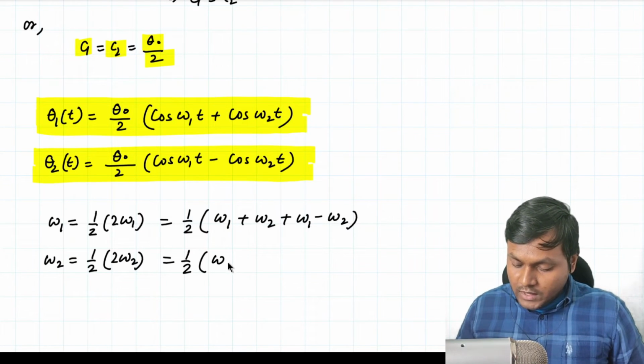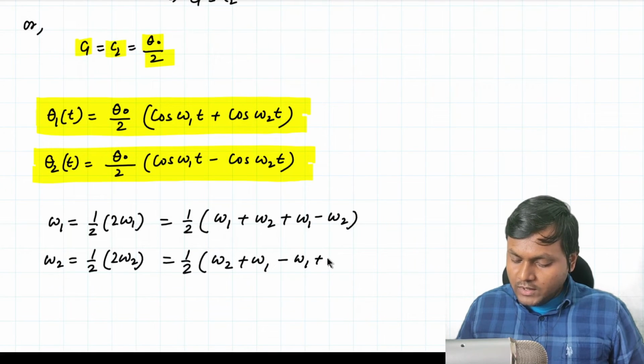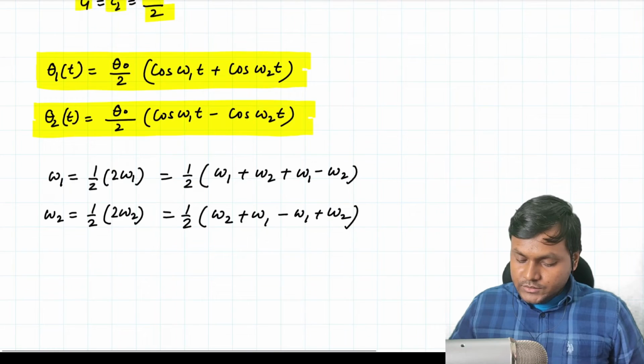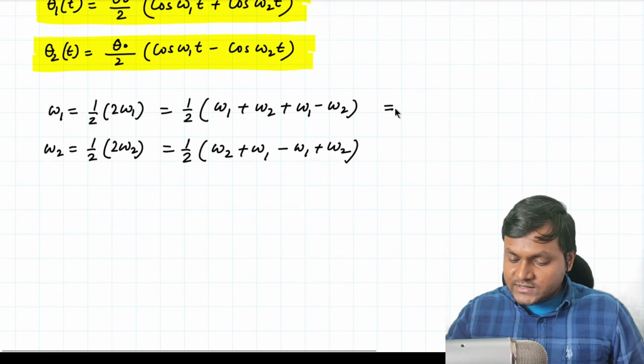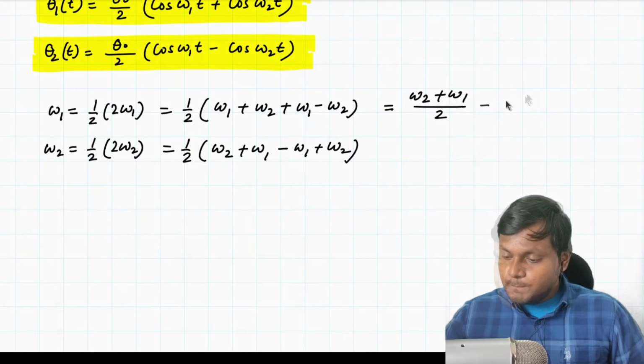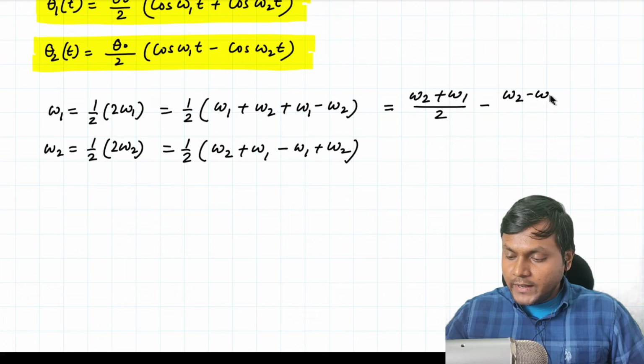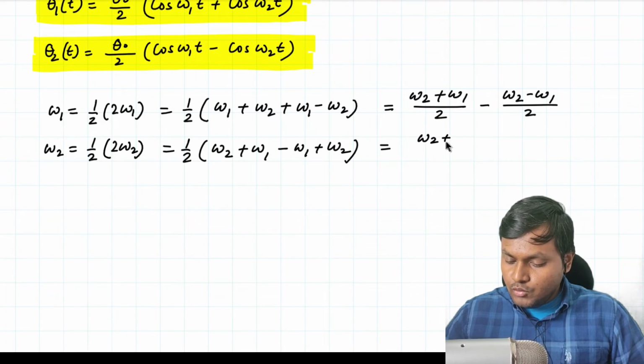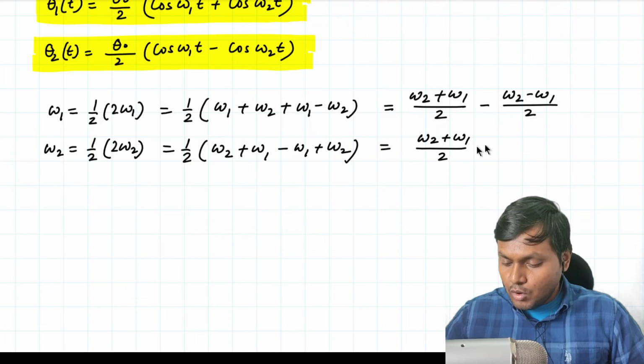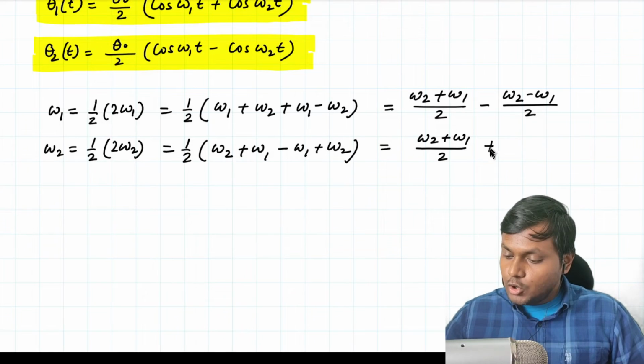Half of (omega 2 plus omega 1 minus omega 1 plus omega 2). So this can simply be written as, what is this? This is equal to (omega 2 plus omega 1) upon 2 minus (omega 2 minus omega 1) upon 2. And this is equal to (omega 2 plus omega 1) upon 2 plus (omega 2 minus omega 1) upon 2.